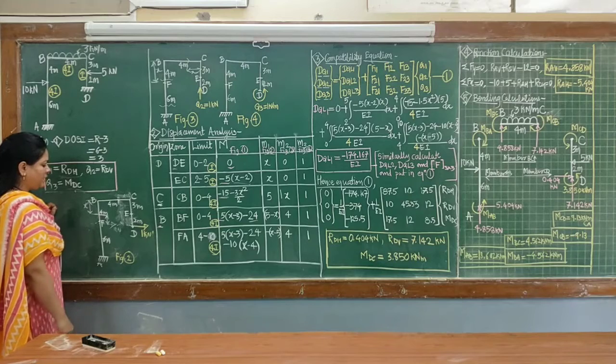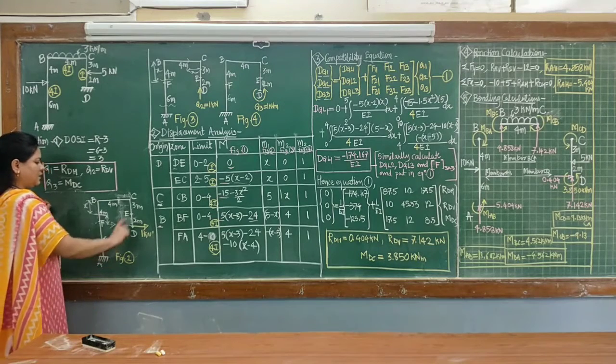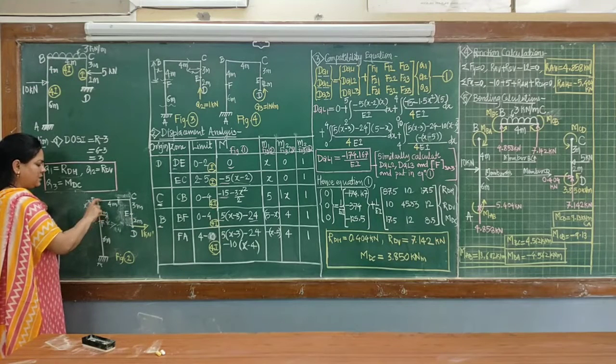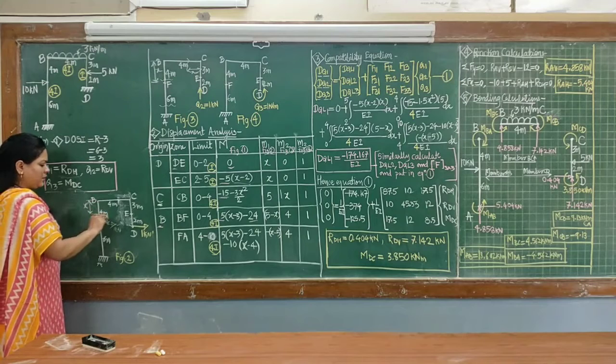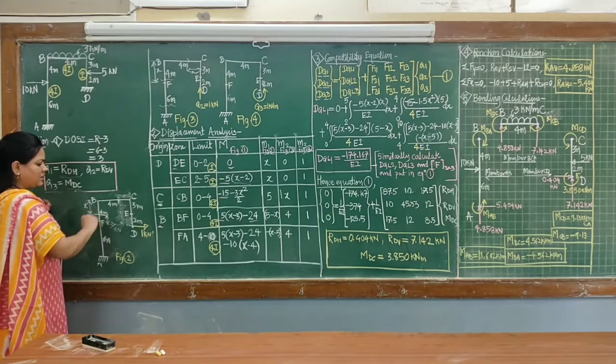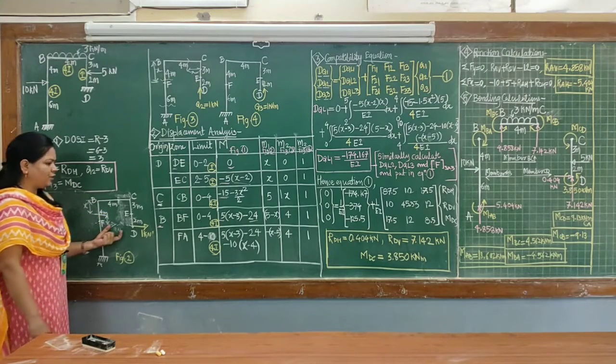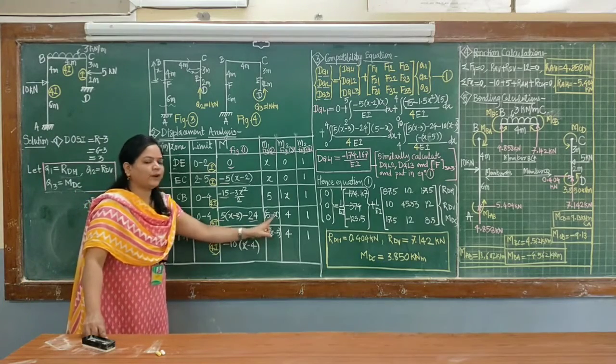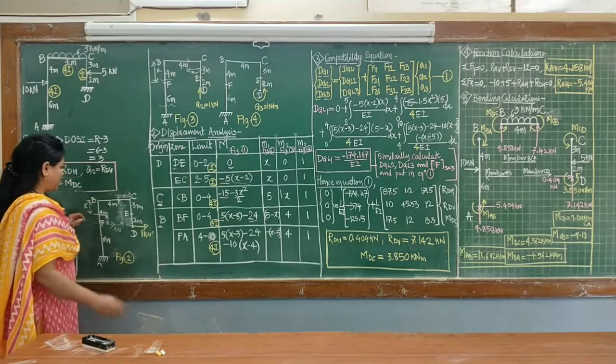How to calculate this distance? Total is 5 minus this distance equal to x, so 5 minus x will be this perpendicular distance. So the total moment will be 1 into 5 minus x in anti-clockwise direction. 5 minus x, that is written there.